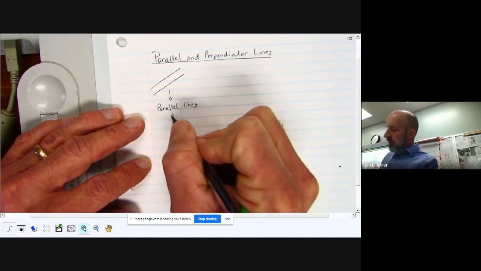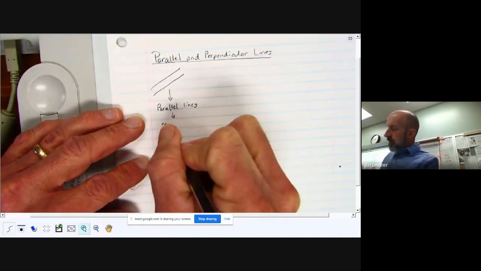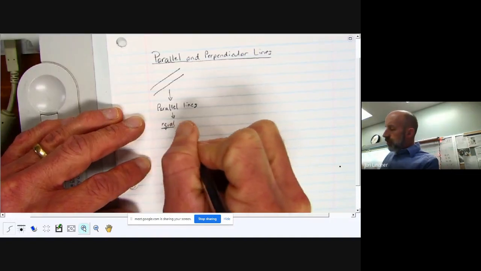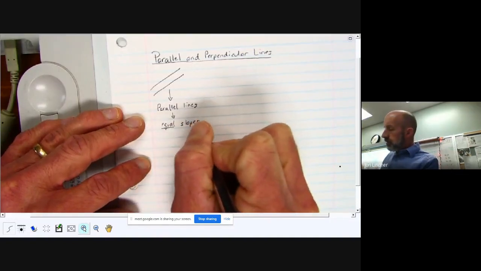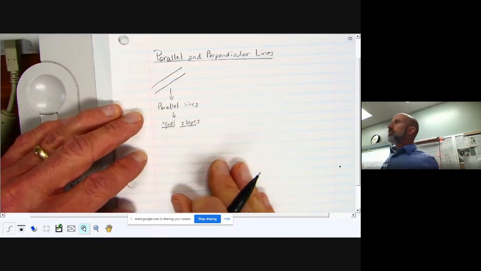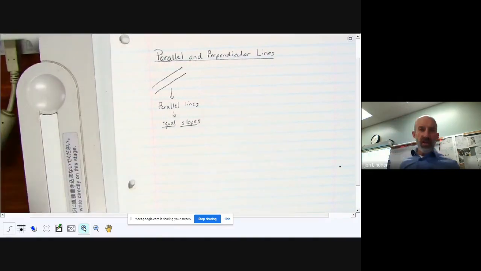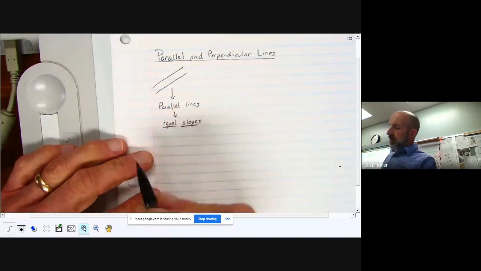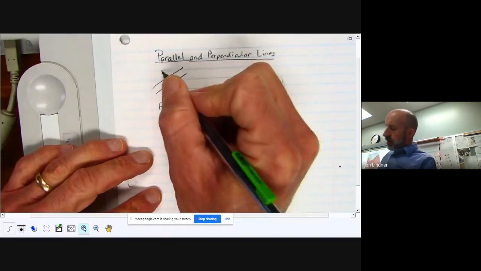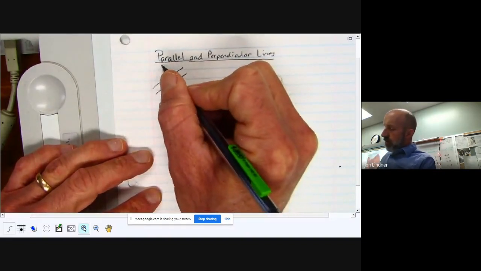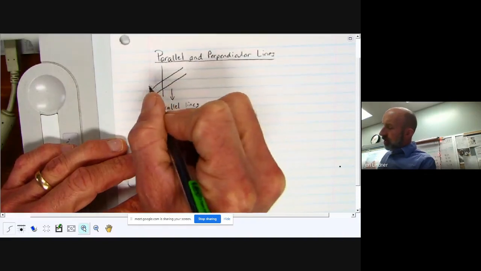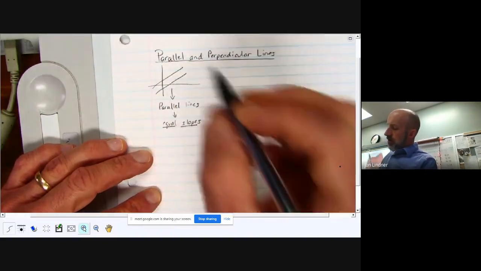Parallel lines have equal slopes. So if I have two lines that are parallel, however I want to draw my axis on here, it doesn't matter. Let's say this was my axis.